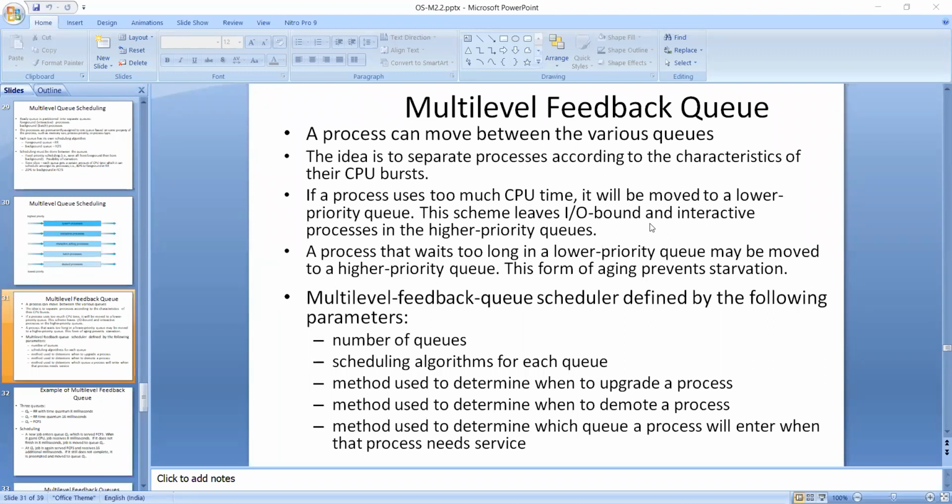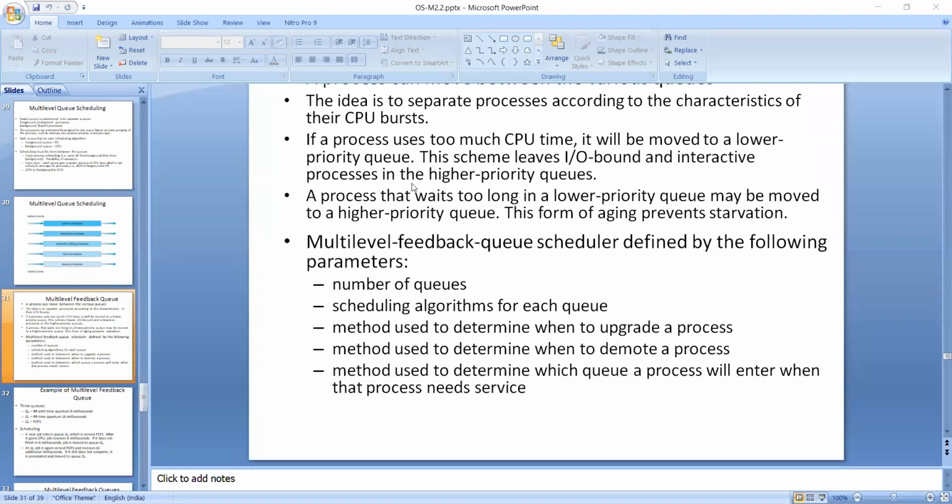Aging prevents starvation. A process that waits too long in a lower priority queue may be moved to a higher priority queue; after waiting for some amount of time, its priority will be increased for every millisecond in multi-level feedback queues. We'll see it with the diagram.